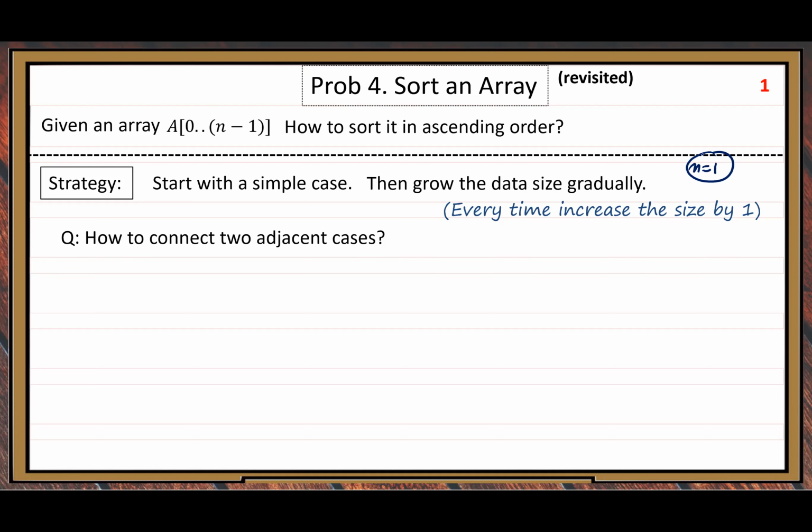The question: how to connect two adjacent cases? That's actually what we did in module 3, when we determined the recurrence relation. We use this way. So problem size reduction, think about that.